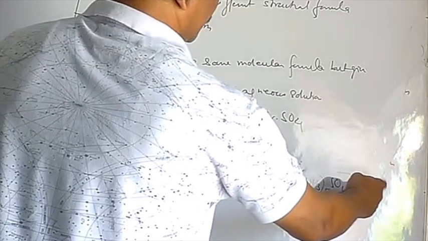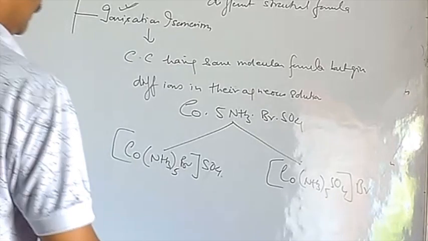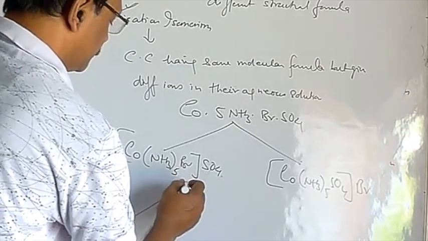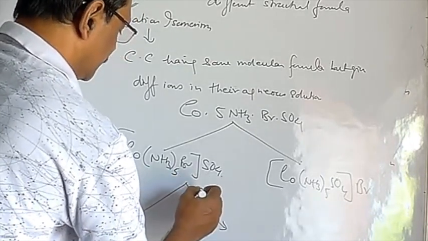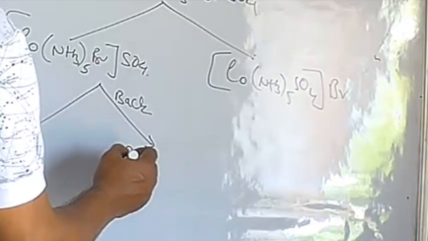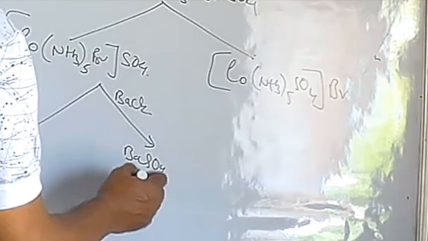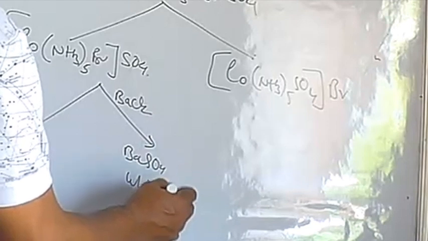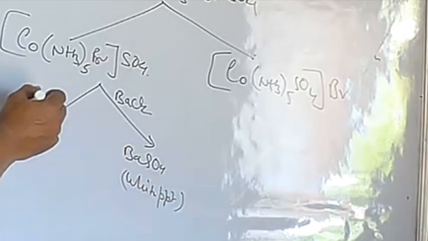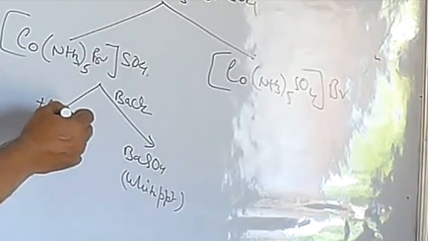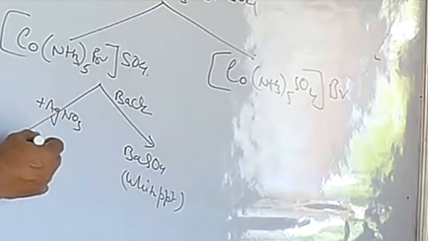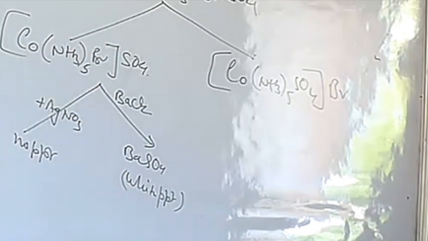In the second case, we get bromide ion in their aqueous solution. Class, so if I dissolve in barium chloride, I get barium sulfate, white precipitate. But if I put silver nitrate solution here, no precipitate. Why? Because Br is not outside.